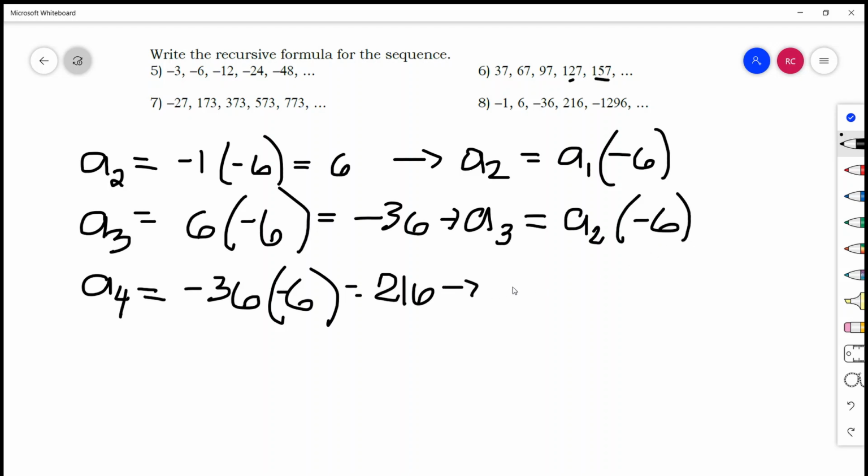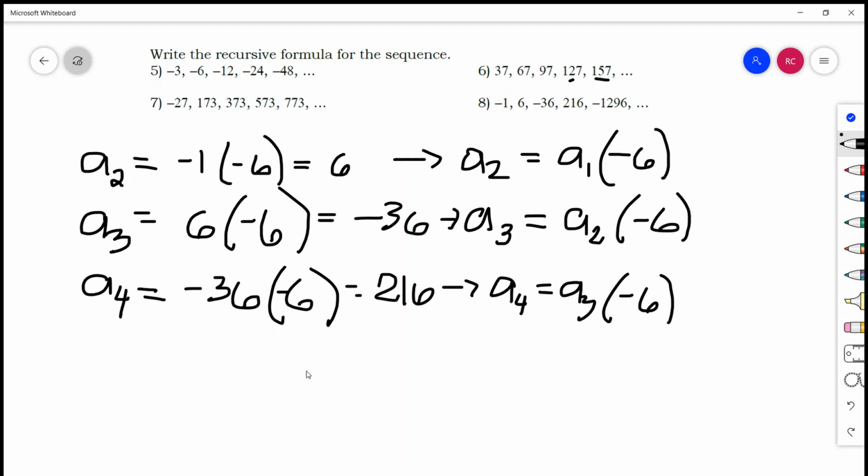And for the fourth term, this is the third term times negative 6. Okay, so we have established a pattern.